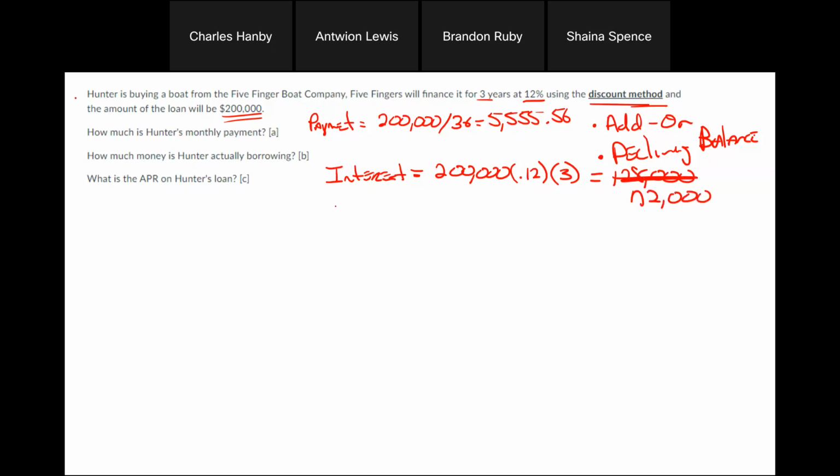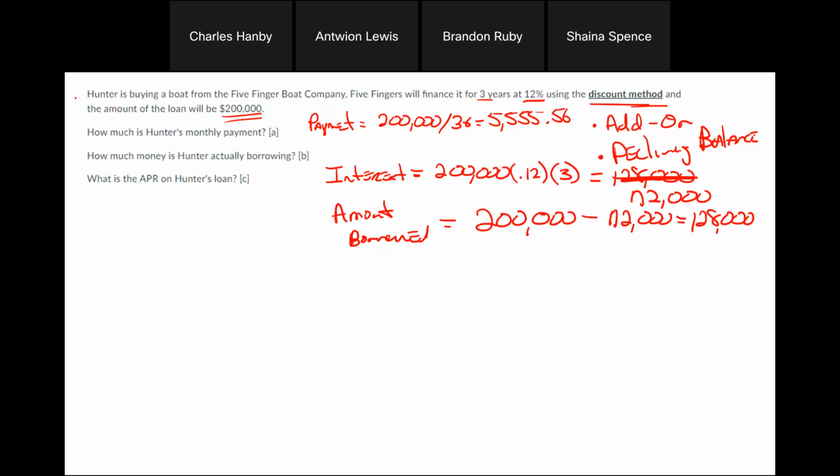So the actual amount borrowed is 200,000 minus the 72,000, and that's 128,000.